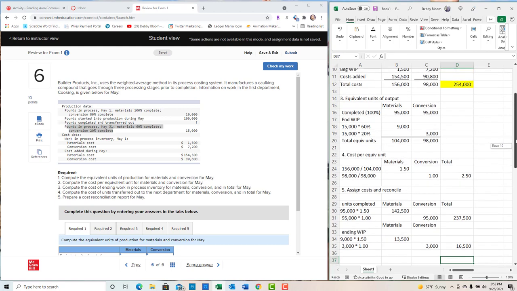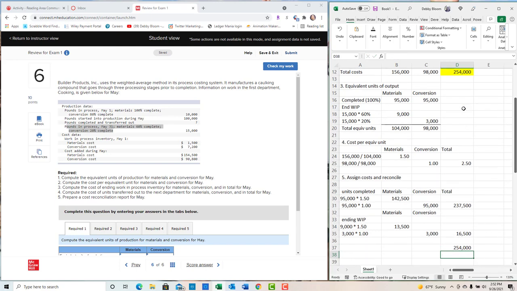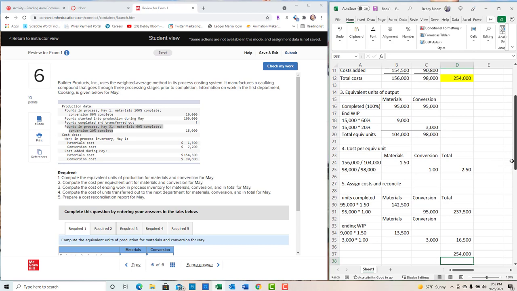ultimate reconciliation to what is up above. So I'm going to take the finished goods, the units completed, 237,500, and to that the ending work in process, 16,500, and notice that I get 254,000.